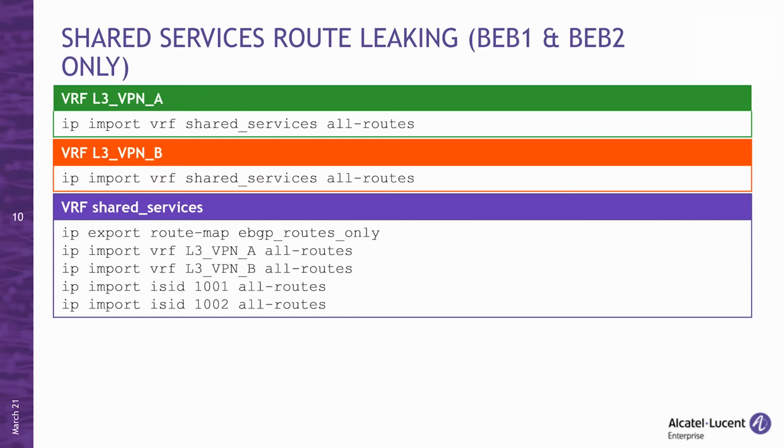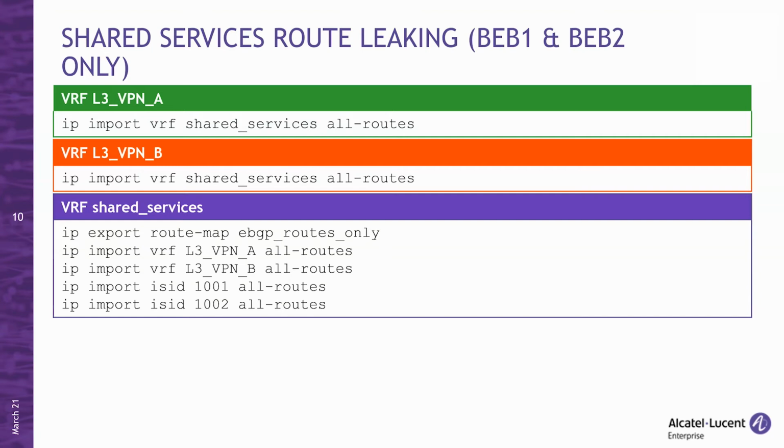Why do we do this? It could happen that on a BGP router, we have some routes learned through eBGP and others that are learned from the other BEB over iBGP. If we export both, when these routes are imported by the local or remote BEBs, they would have no way of distinguishing them.